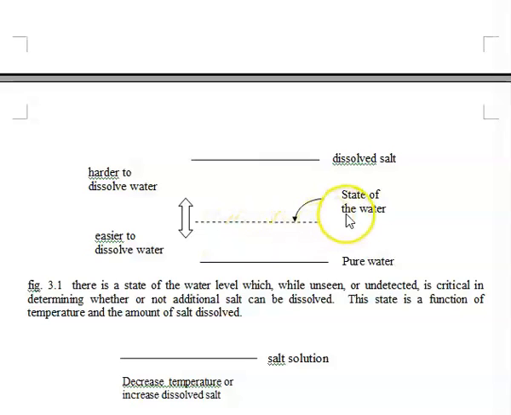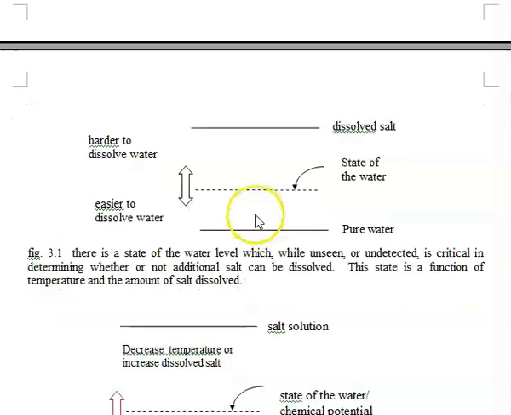There is some state of the water, and that state goes down towards pure water as the temperature goes up, and it goes up towards saturated salt solution as the temperature goes down.